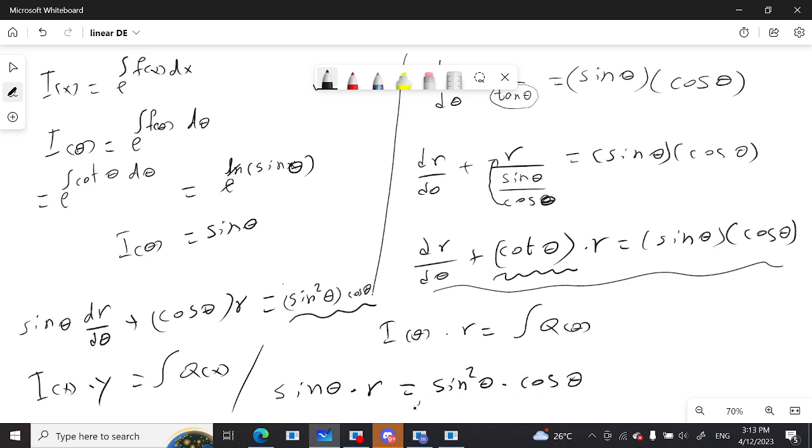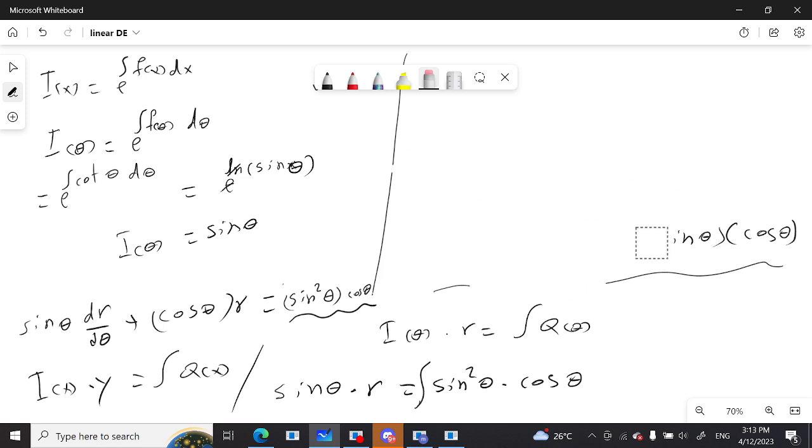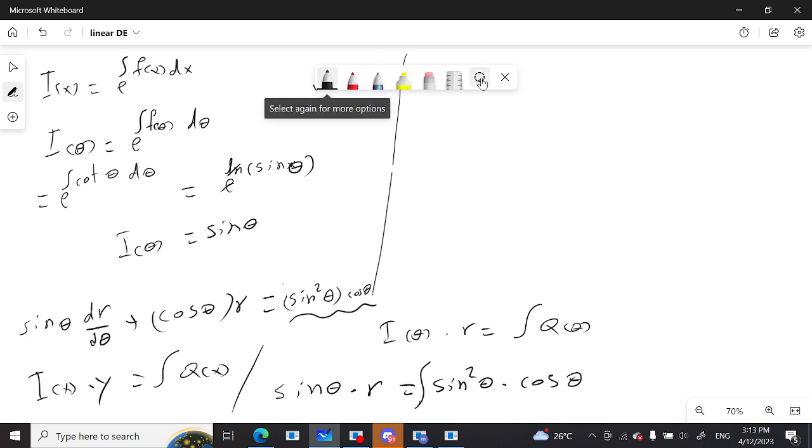We leave the left hand side as it is for now, and it's equal to the integral of sine squared theta multiplied by cosine theta.